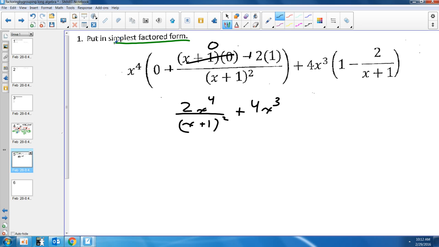So to do that, I want to simplify this expression right here. Well, what is that expression? It's really x plus 1 over x plus 1, right? 1 is the same thing as x plus 1 over x plus 1. I got common denominators. Now I can actually make this into one fraction that will be easier to work with.